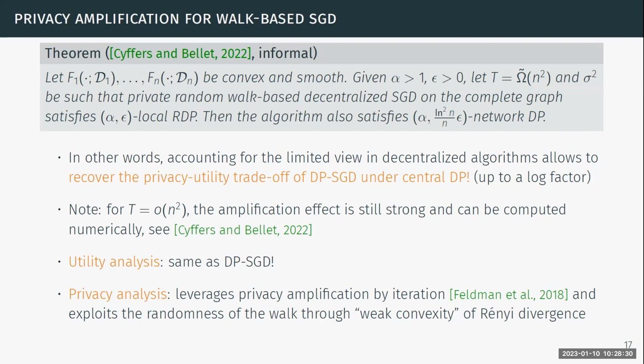Which is exactly what you do in the central setting also, like the centralized SGD, DPSGD. Typically, this result also assumes that you do n squared. But you reach somehow the privacy of central DP after almost n squared hops, right? Yes, the idea is that you have to cancel the fact that.